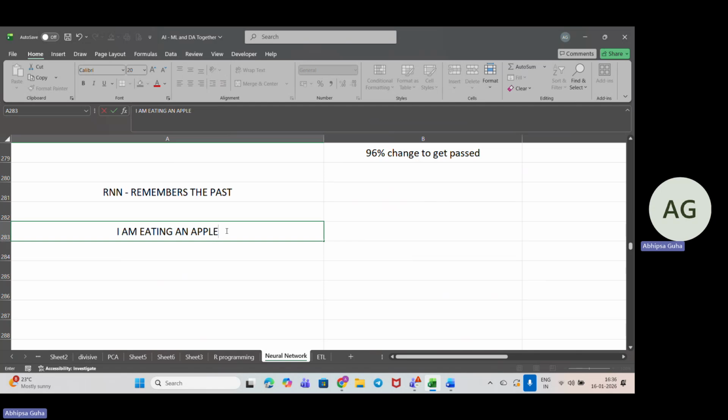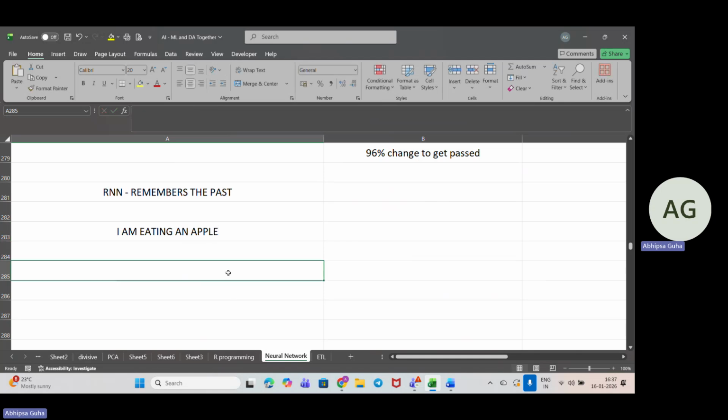So, what is the problem with the normal neural network, like MLP? I am just noting down the problems with a normal neural network like MLP.